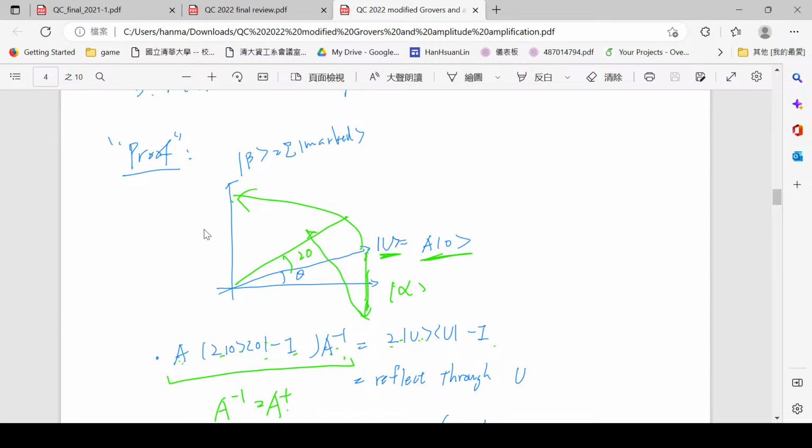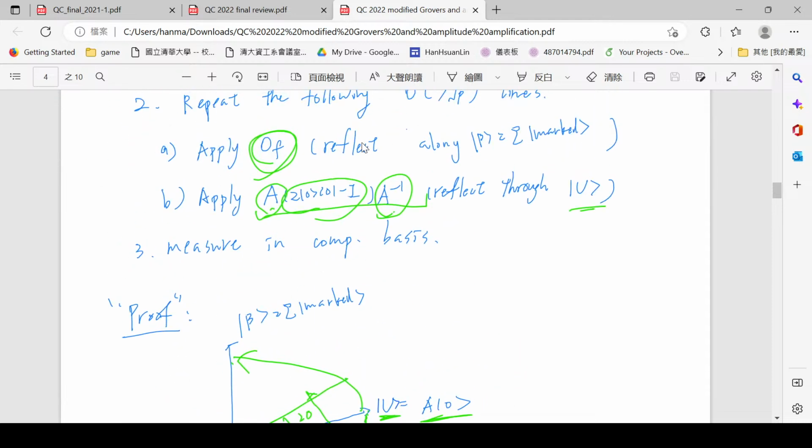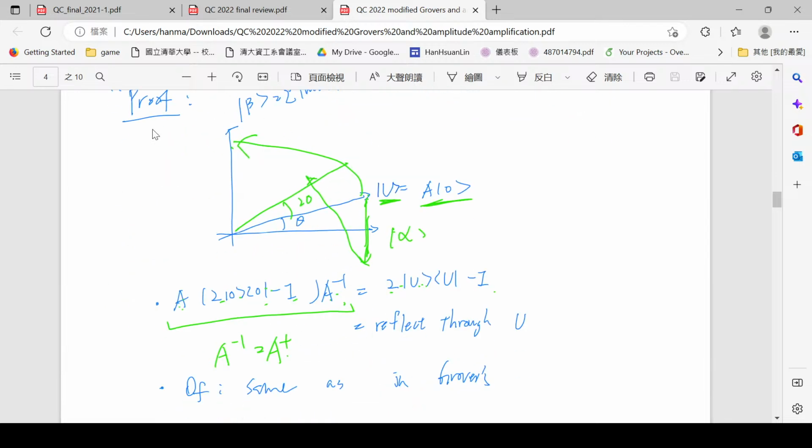So you can also think of this as a quantum process, where you have a quantum algorithm that produces some state that has overlap with whatever desired space or desired state you have, and then you can use Grover's algorithm, this reflection equal to a rotation, to amplify it.